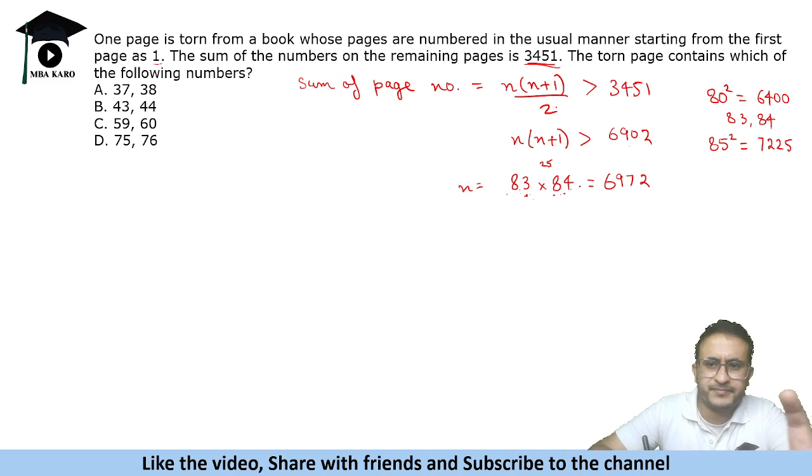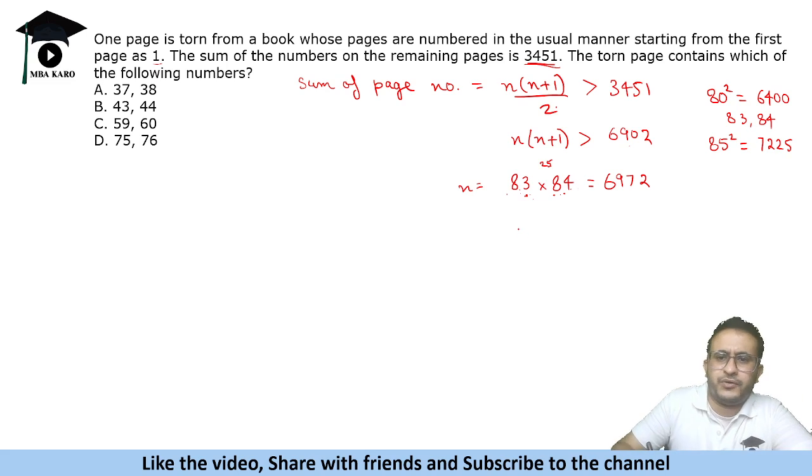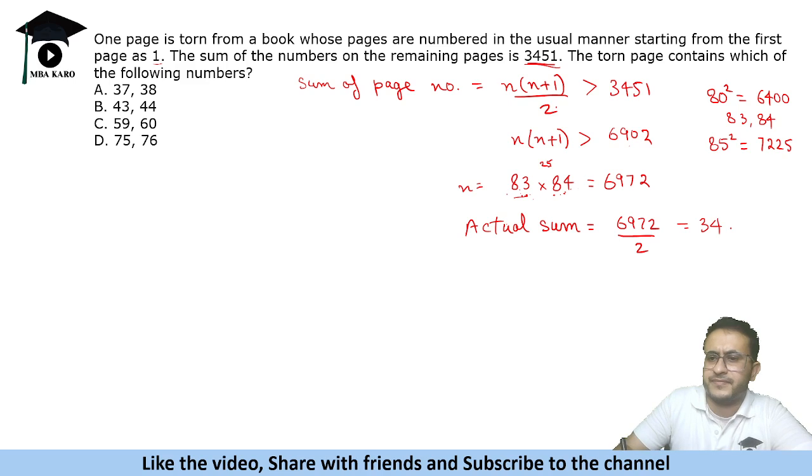So if we take 83, it goes more than this, 6972. Now if we take the sum of page numbers as 83, so we are taking that there are 83 pages, so that means the sum is the actual sum. Now this is a slightly different question. Actual sum will be 6972 by 2. Why? Because 83 into 84 by 2, so we will get 3486, right? 3486 is the sum.